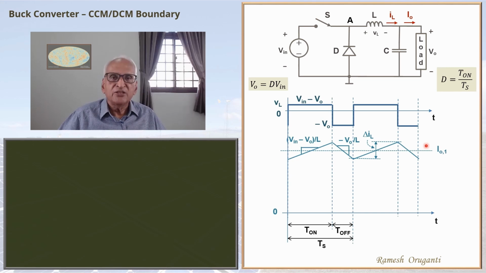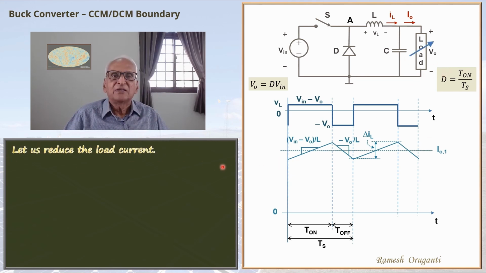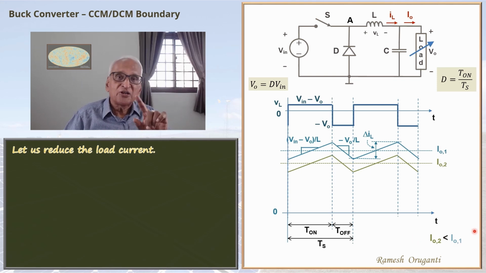Now let's vary the load and reduce the load current. If you are using a resistive load, reducing the load current means increasing the load resistance. You can say that I02 is less than I01. V0 remains the same. If you are under continuous conduction mode operation, delta IL remains the same.